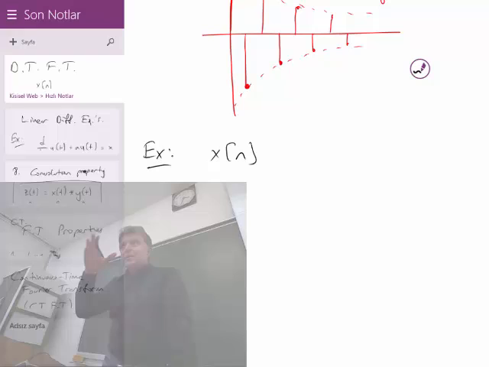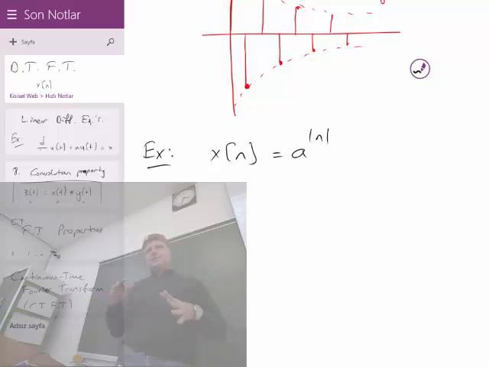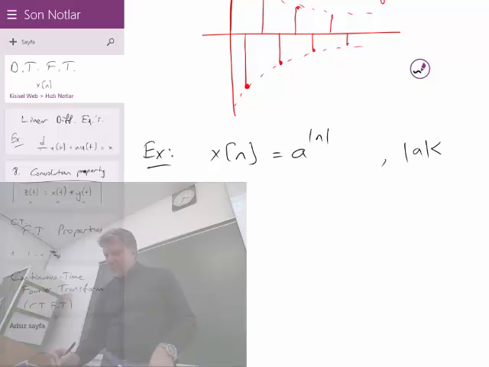Of course, since this is one-sided decay, the next example is A to the absolute value of n. It's a two-sided decaying exponential. Again, A in magnitude is less than 1.